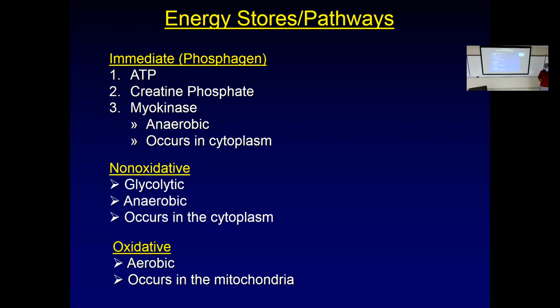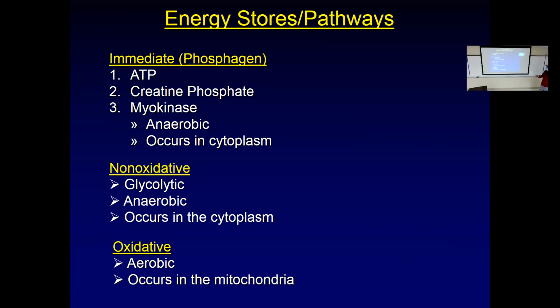In the most technical sense, those names should probably not be used interchangeably, but that's what we're going to do. Our primary non-oxidative pathway that we're going to talk about is called glycolysis. But just remember that we're not using oxygen, it is anaerobic.